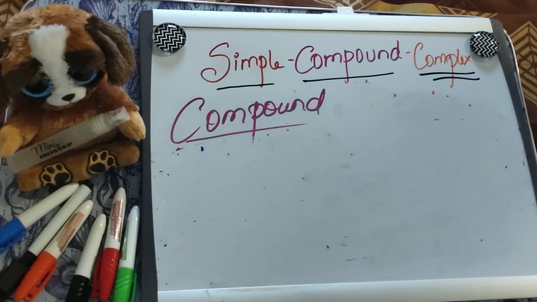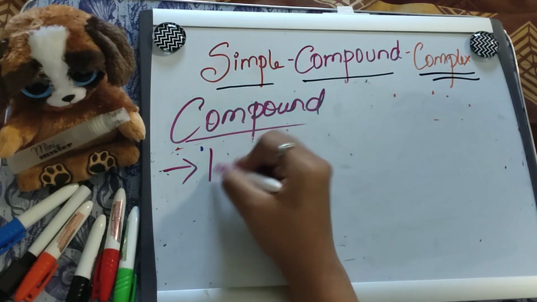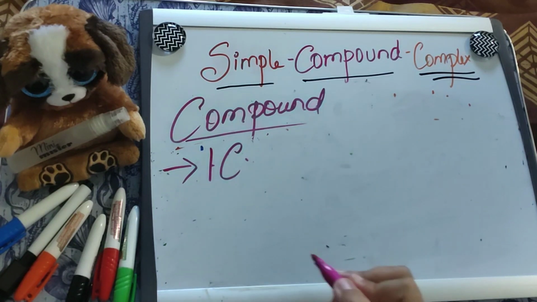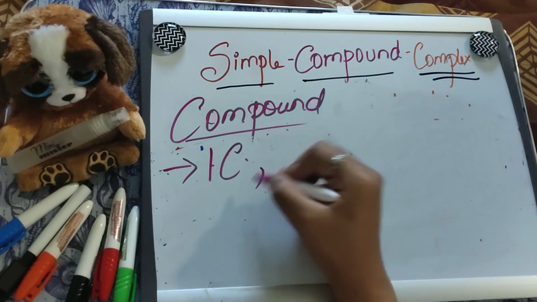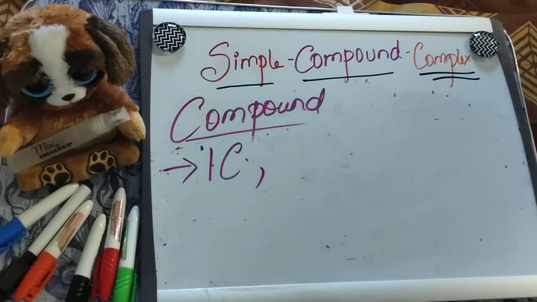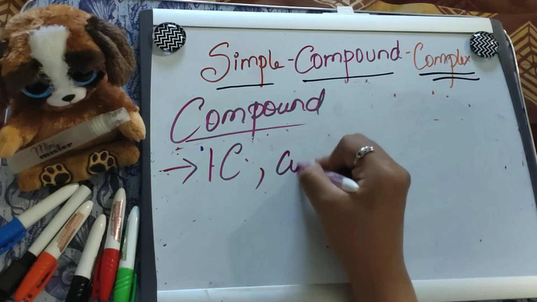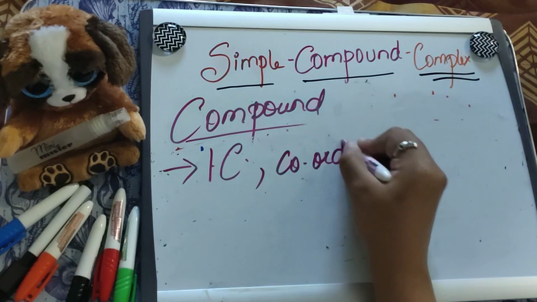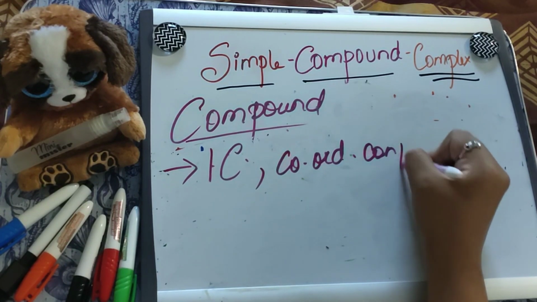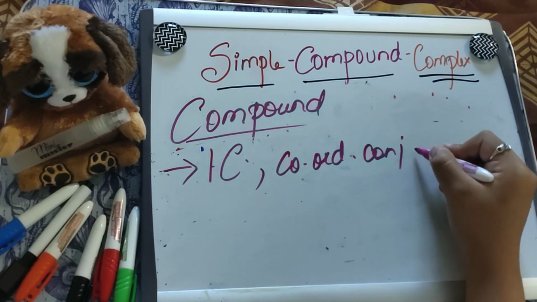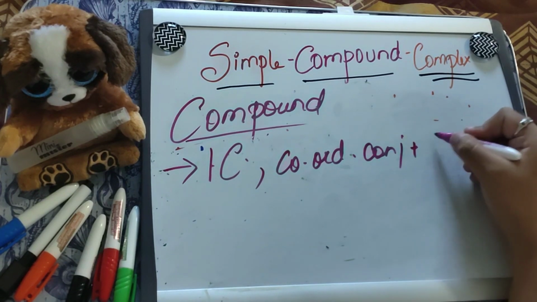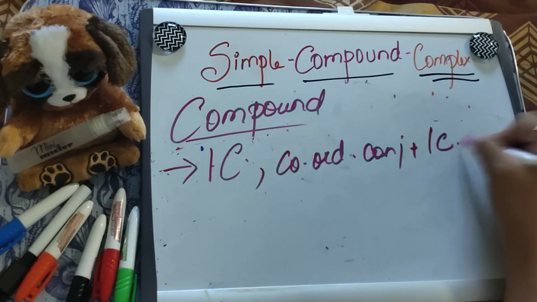The punctuation rule for a compound sentence: there are three kinds of rules. One is the independent clause, a coordinating conjunction, and another independent clause.